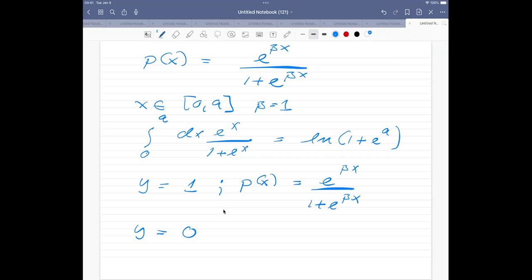Either y is equal to 1 or y is equal to 0. So that means that the probability in that case has to be 1 minus this p of x, which we defined here. And when I add these two, these sum up to 1. So this would simply be 1 divided by 1 plus e to the beta x. So that's pretty simple, right?